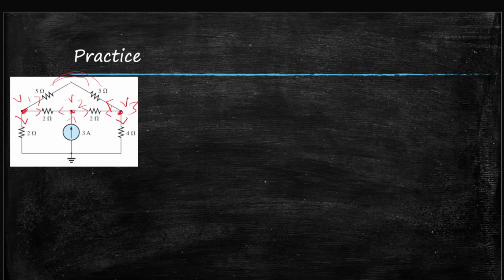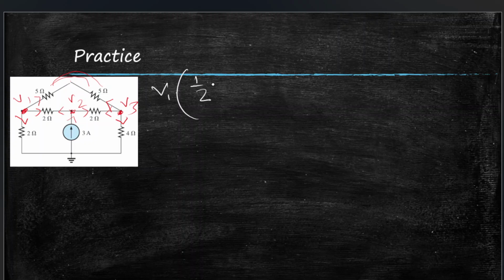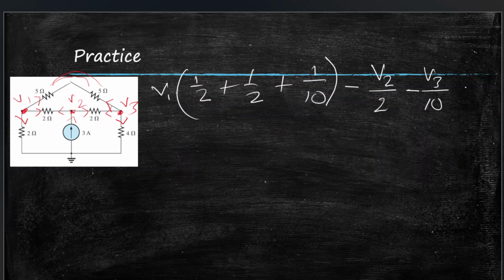Okay, so V1 again: V1 times (1 over 2 plus 1 over 2 plus 1 over 5 plus 1 over 10), minus V2 over 2, then minus V3 over (5 plus 5), so 10, equal to 0.